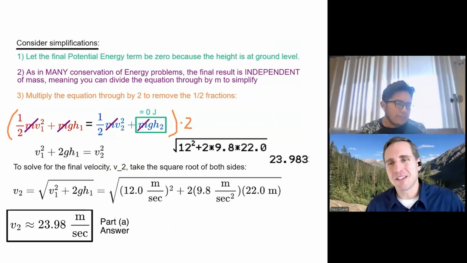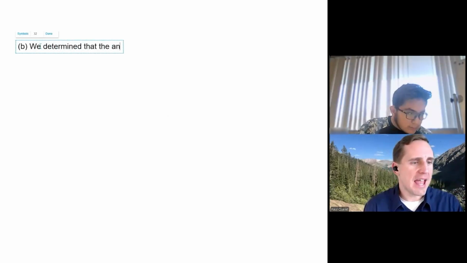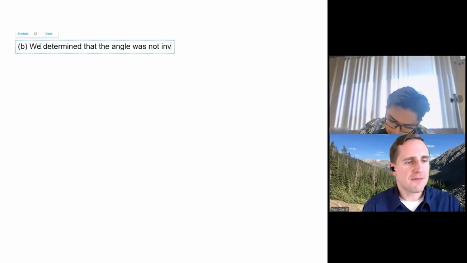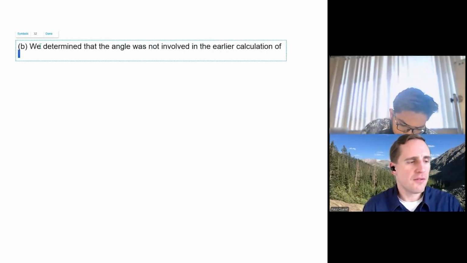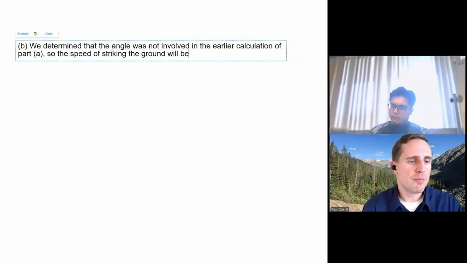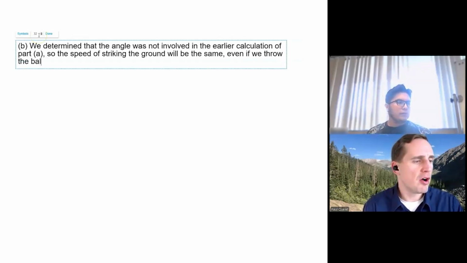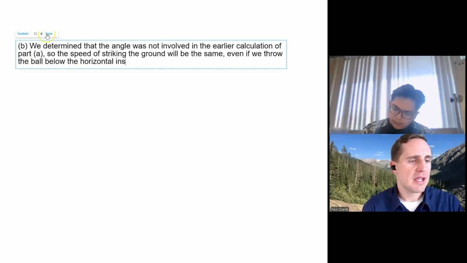It will hit the ground at a different angle, but it will hit with the same speed. We determined that the angle was not involved in the earlier calculation of part A. So the speed of striking the ground will be the same, even if we throw the ball below the horizontal instead of above the horizontal.